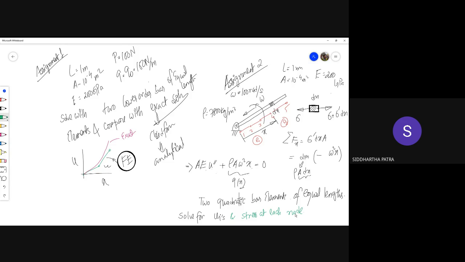Since the displacement is a quadratic function, the strain and the stress would be linear functions. So even in element 1, the stress would be changing from node number 1 to node number 3. Okay. So I need to plot all of them.